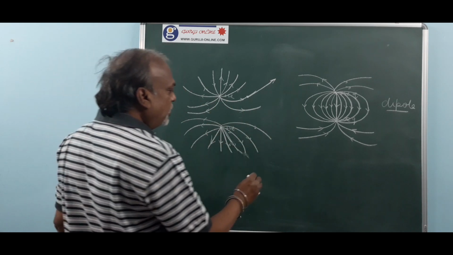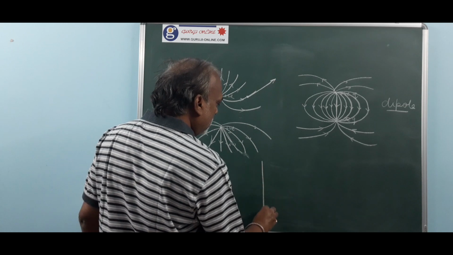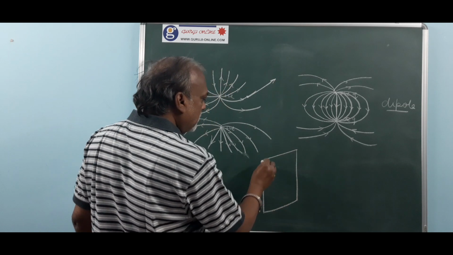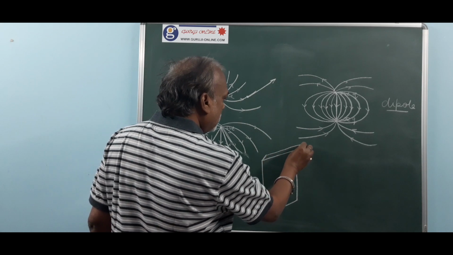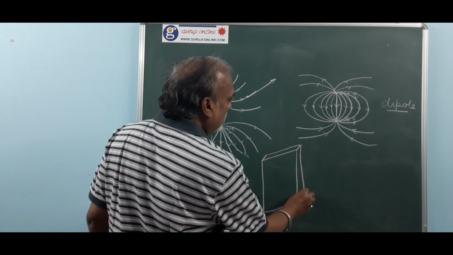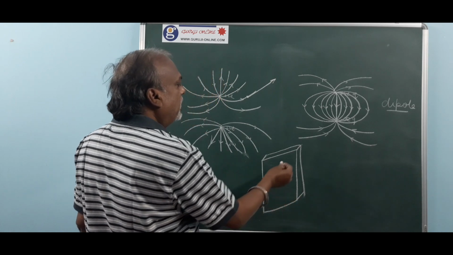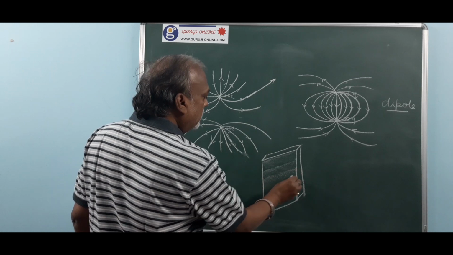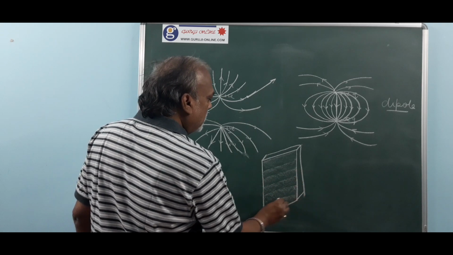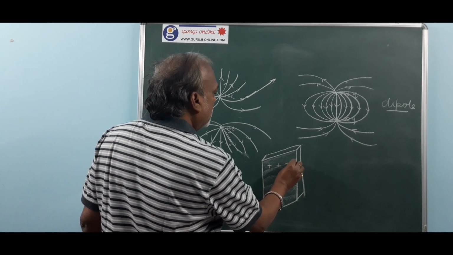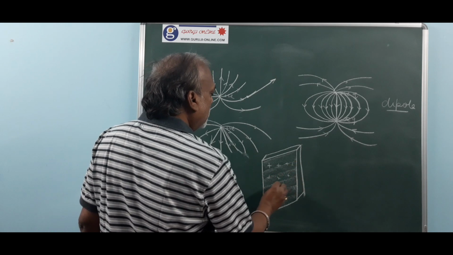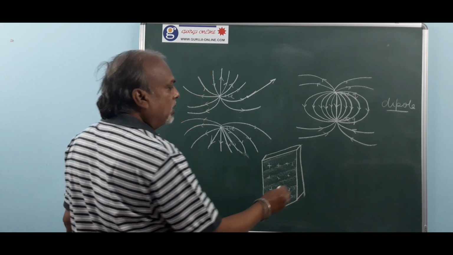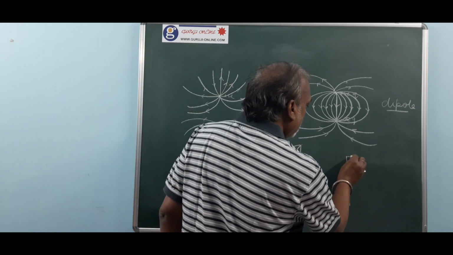Now suppose you have a sheet. Suppose on one side you have a positive charge. This is a non-conductor sheet, and this is the side view of the sheet.